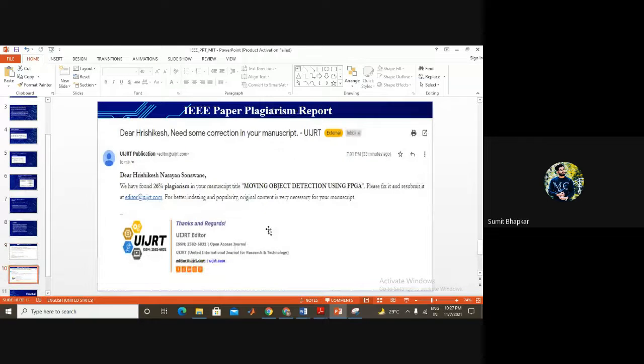And we have already got a mail from the UIJRT. So we have 26% plagiarism in our manuscript for moving object detection using FPGA. So this is the mail, and we are going to improve our plagiarism. We are going to try better for that.